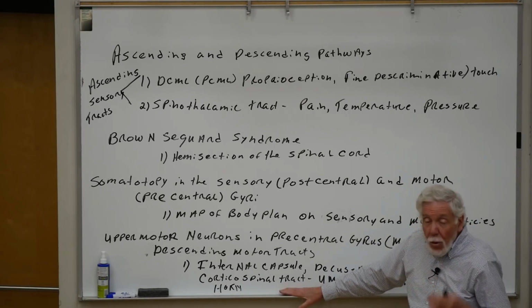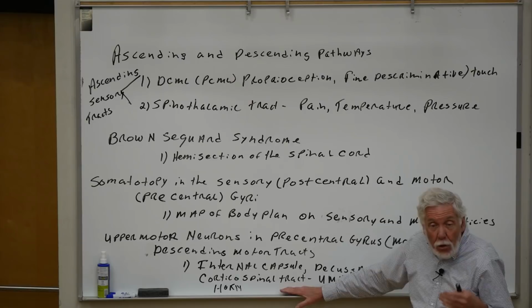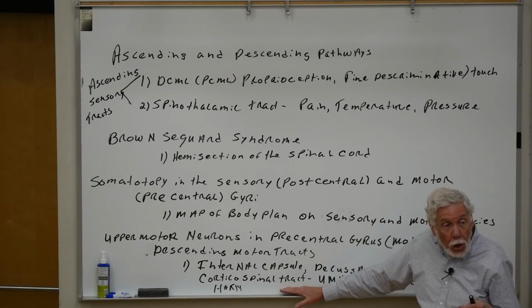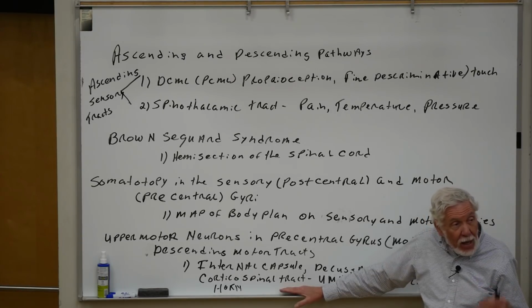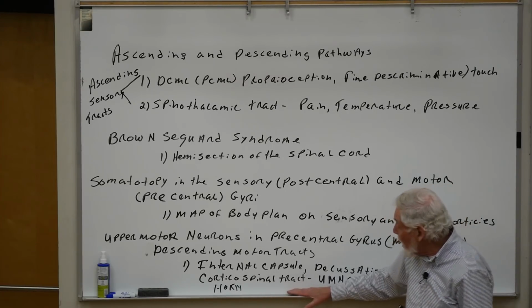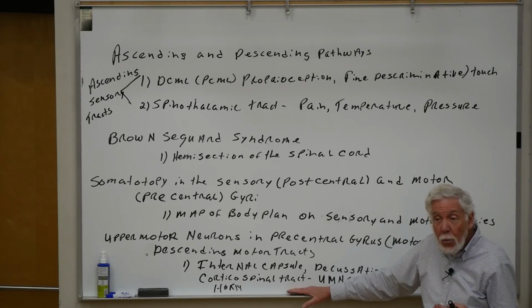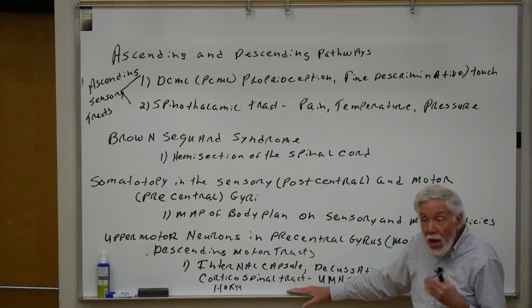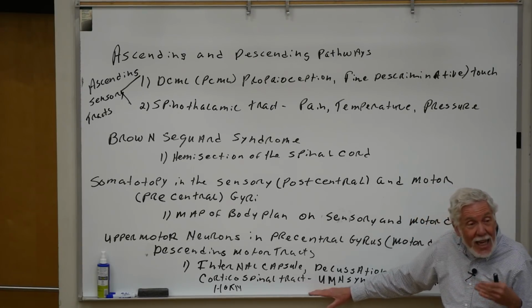We're going to label this tract, once it enters the spinal cord, as the corticospinal tract. There's again meaning in that term. Cortico tells you that the neuronal cell bodies are located in the cortex, and spinal tells you that its output region will be in the spinal cord. Specifically, the output regions for this corticospinal tract will be in the gray matter of the ventral horn.